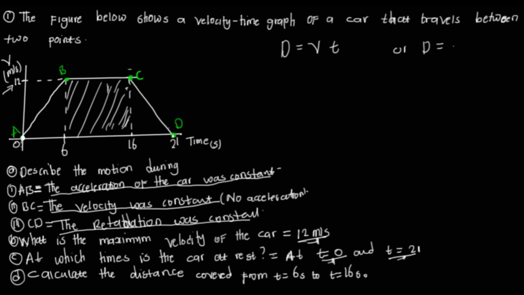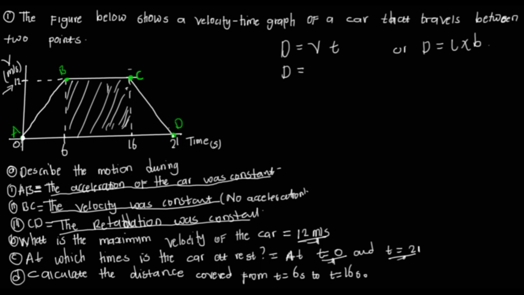The area can be found by L times B, the length and the breadth. Let's look at how we can find the distance here. Since we are looking at when time was 6 seconds and 16 seconds, we are finding the distance between B and C.